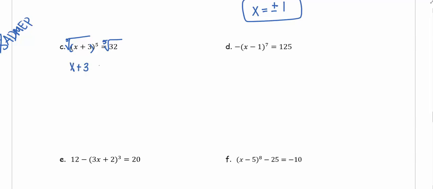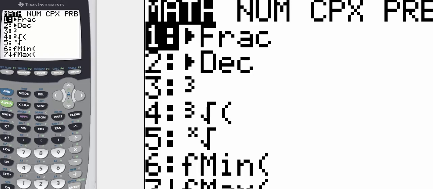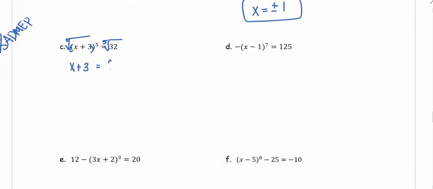So I get x plus 3 equals the fifth root of 32 in my calculator. Remember: 5, math, 5, 32. And I get 2. So x plus 3 equals 2. The last step would be to subtract 3. So x equals negative 1.